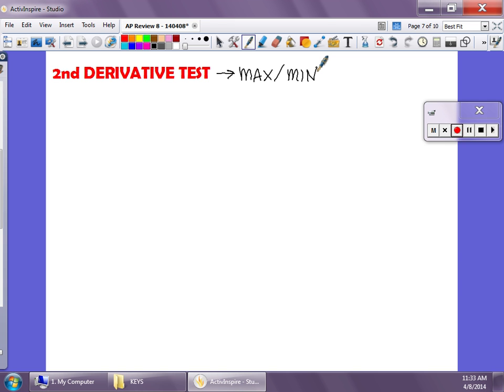We know max and mins happen at endpoints, we know how to identify those, or inside we do a sign test for our first derivative. You can actually use your second derivative to identify max and mins, but it only works if f prime at a point is 0, and then if it's 0, then we use the second derivative, and this is why they call it the second derivative test.